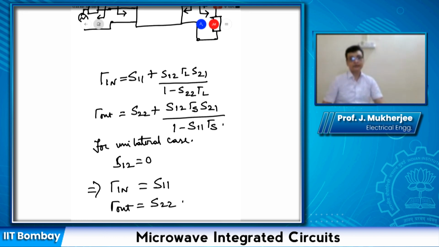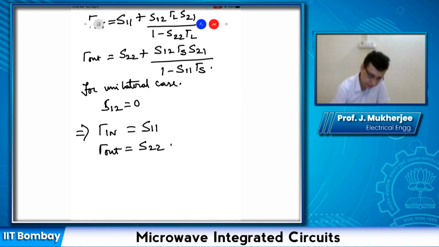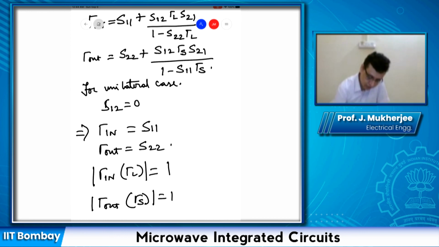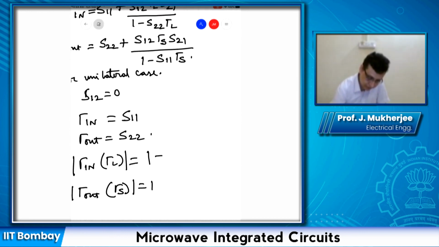Now recall the stability circles for which we had written the equations. They were based on gamma in as a function of gamma L equal to 1 and gamma out as a function of gamma S equal to 1. But then this equation will imply that modulus of S11 is equal to 1, and this equation will imply that modulus of S22 equal to 1.